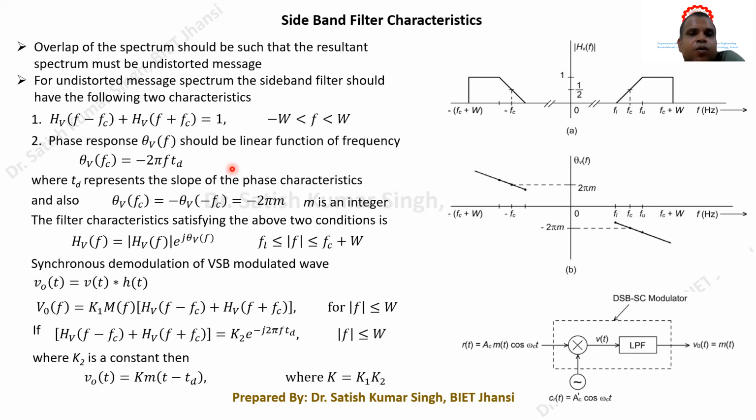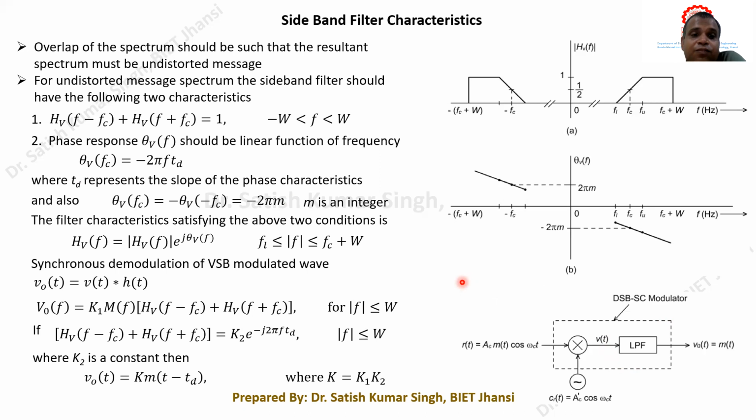So the phase response should be a linear function of frequency. Why should it be linear? Because the phase response, or the delay produced by the circuit, depends on the input frequency. For different frequencies, if the delay produced by this filter is different, then the output that we get will be annoying.